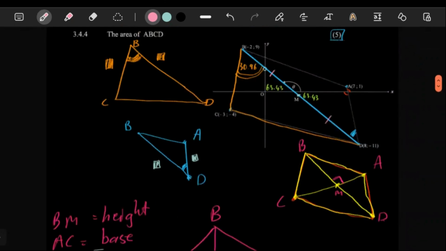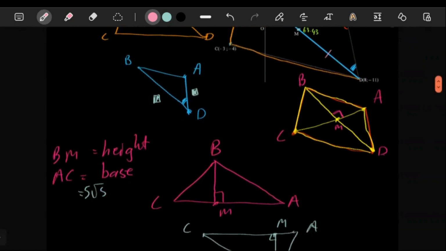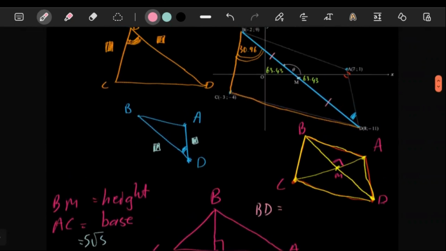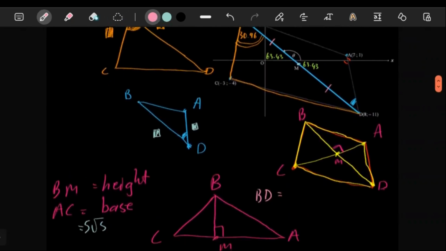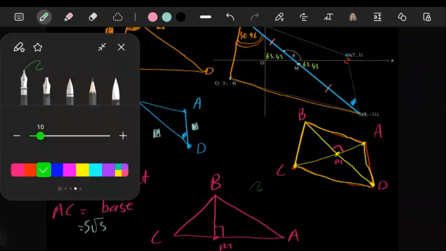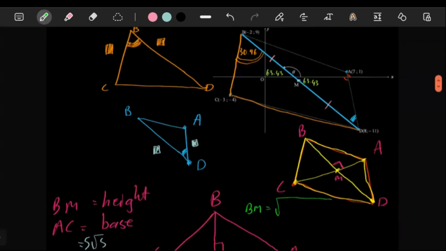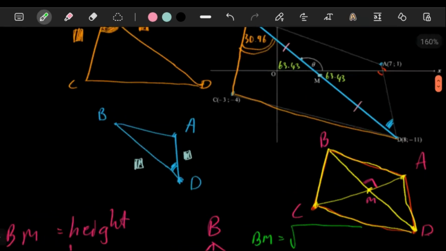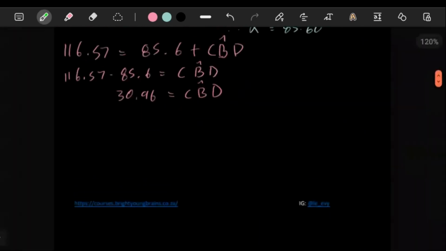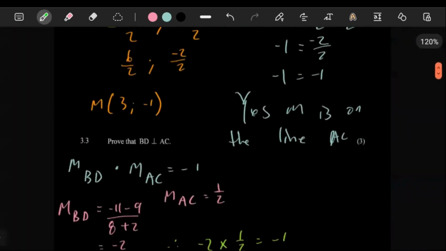So let's just get BM directly, because why make it all complicated? Let me use a green so that it pops. BM is equal to the square root of, so you're going to have here -2. What did we get for M? 3 and -1.